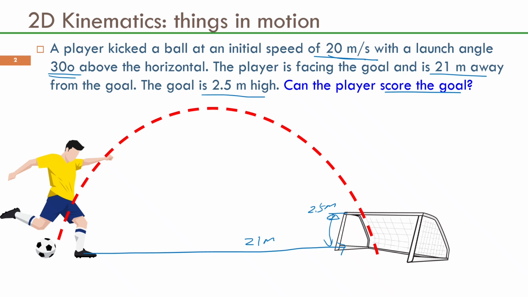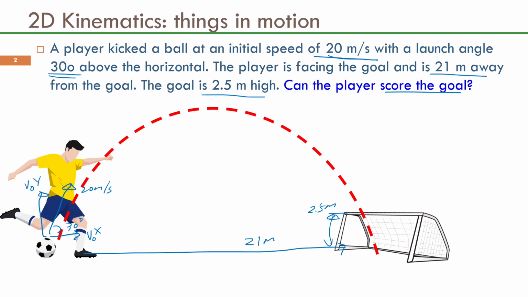We know the initial velocity is 20 meters per second, and we also know the launching angle, which is 30 degrees. We can decompose the initial velocity, 20 meters per second, into its horizontal component, v0x, and its vertical component, v0y. We have done this before.